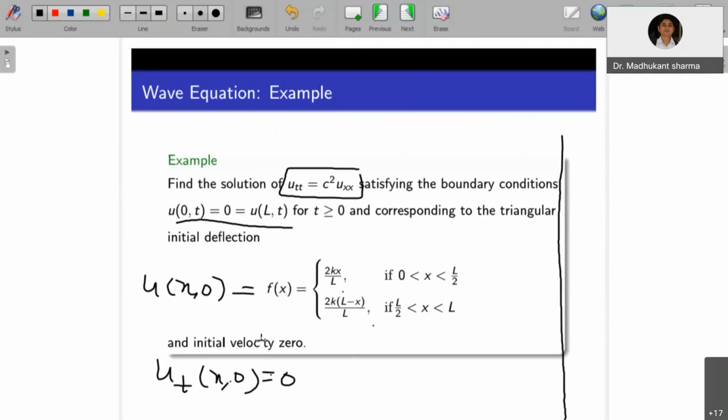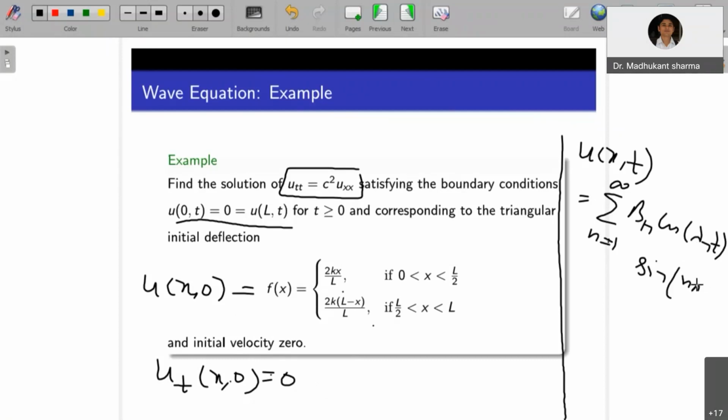The initial velocity is 0, so you are not having b n star involved. So u of x comma t is equal to summation n equals 1 to infinity b n cos lambda n t times sine of n pi x by l.